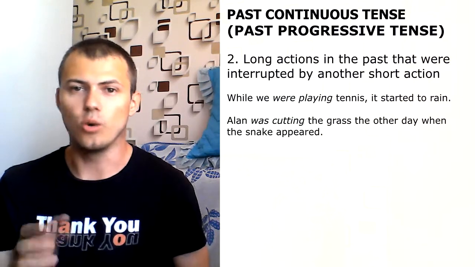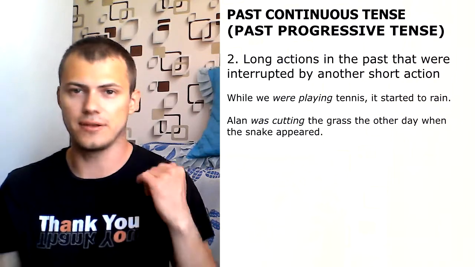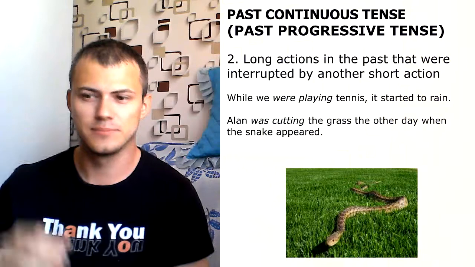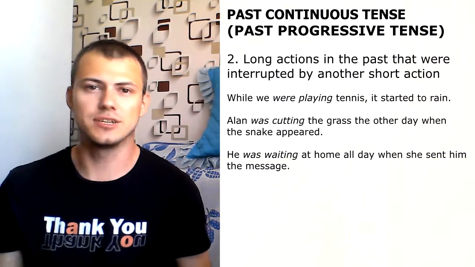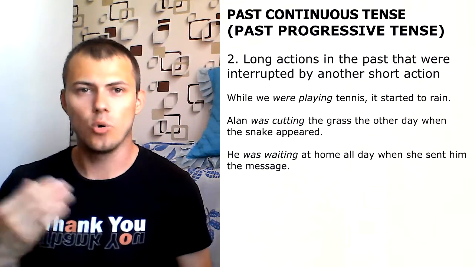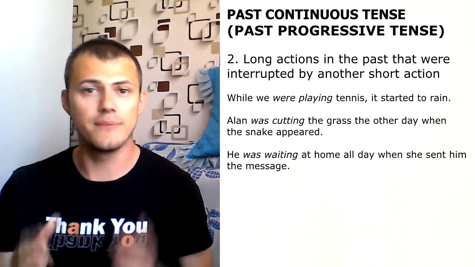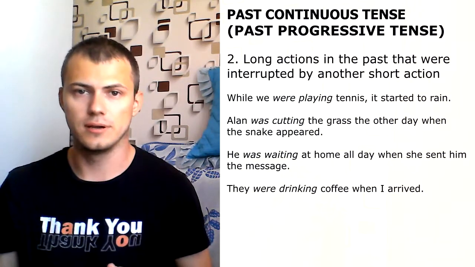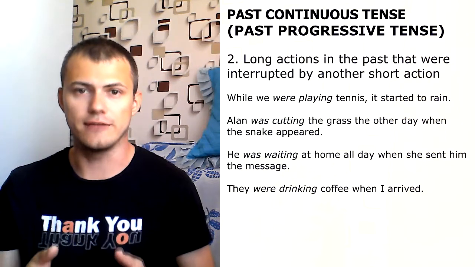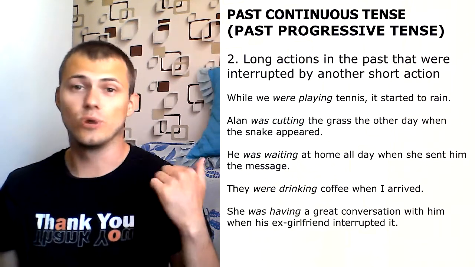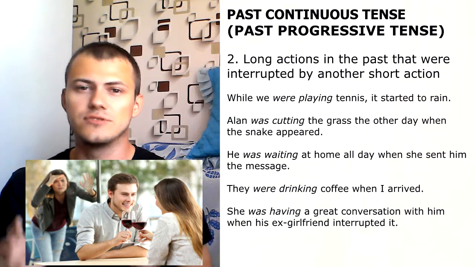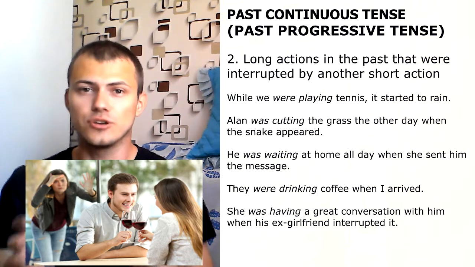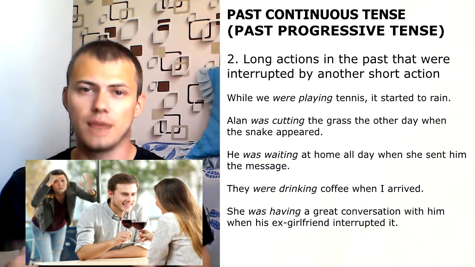Alan was cutting the grass the other day when the snake appeared. He was waiting at home all day when she sent him the message. They were drinking coffee when I arrived. She was having a great conversation with him when his ex-girlfriend interrupted it.